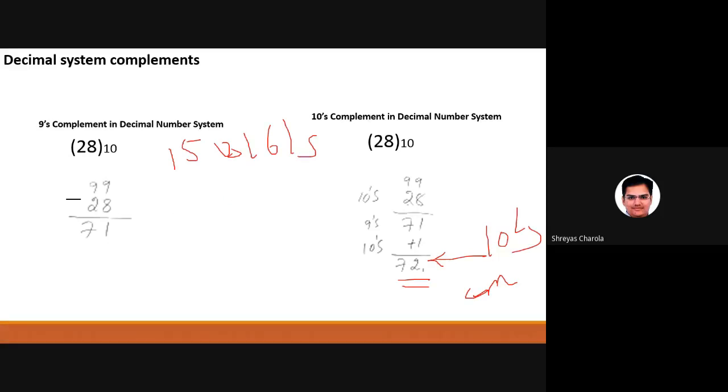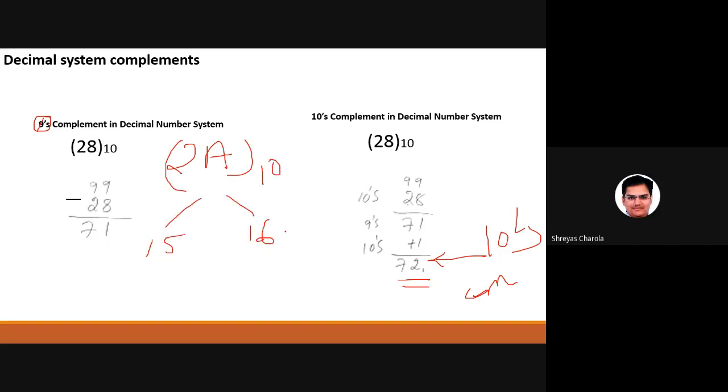So what can we do? Let's suppose, for example, if I give the same number, let's suppose 28 is there, and if I want to convert instead of this, let's suppose 2A, it is 10. Find out the 15th and the 16th complement. So from where will you subtract it? What should be the answer? From where do you need to subtract the data?